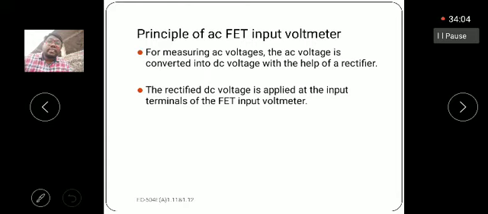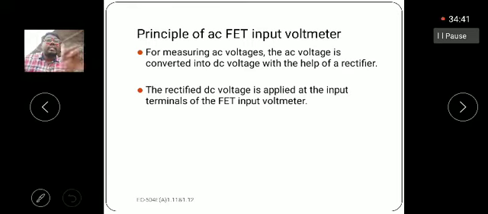For measuring AC voltages, the AC voltage is converted into DC voltage with the help of a rectifier. For DC measurement we use the FET input voltmeter. If you want to measure AC, then we use the rectifier. Whatever we require for changing AC to DC, we require the rectifier.